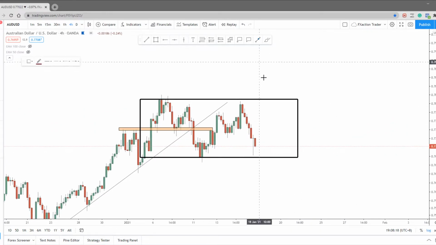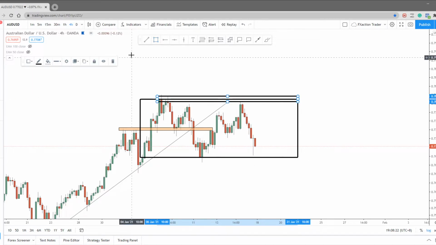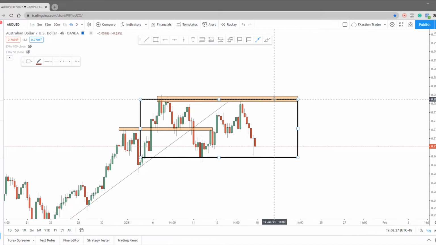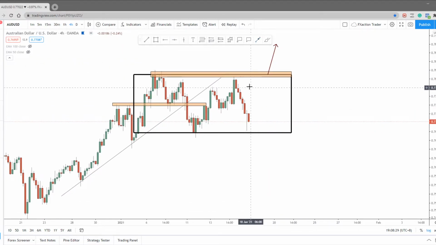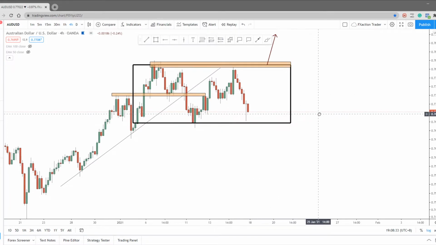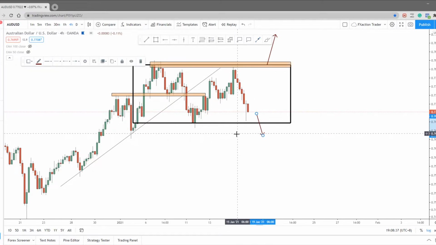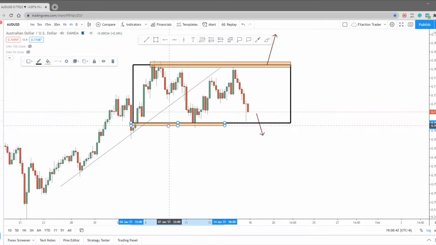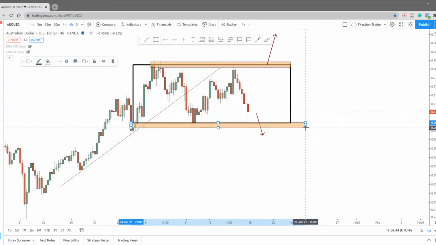If this level is broken, yes, I can go for a buy trade. But if market breaks below this level, then this level will be a very nice level for me to look for a short trade.